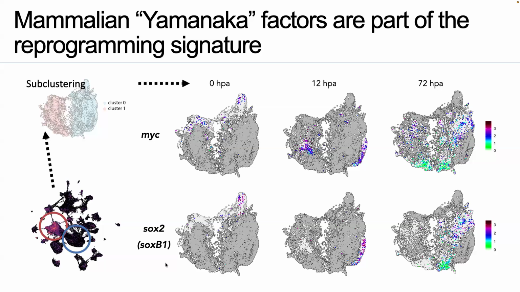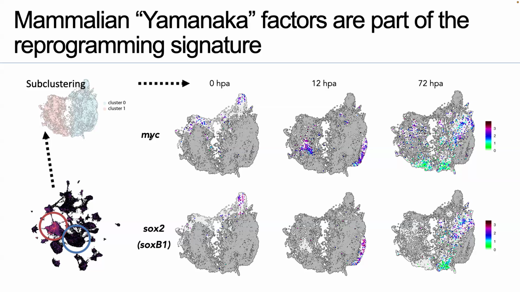And both of these genes are very quickly upregulated in the process of regeneration. That also means in the process where epidermal cells adopt a secondary stem cell fate. Now, this is something that we would like to call a reprogramming signature.